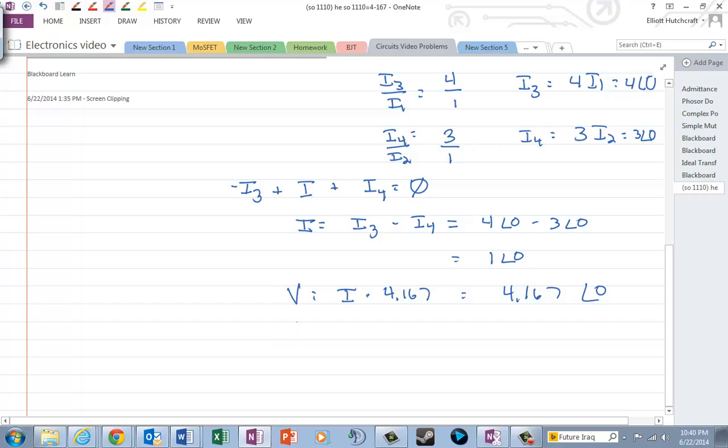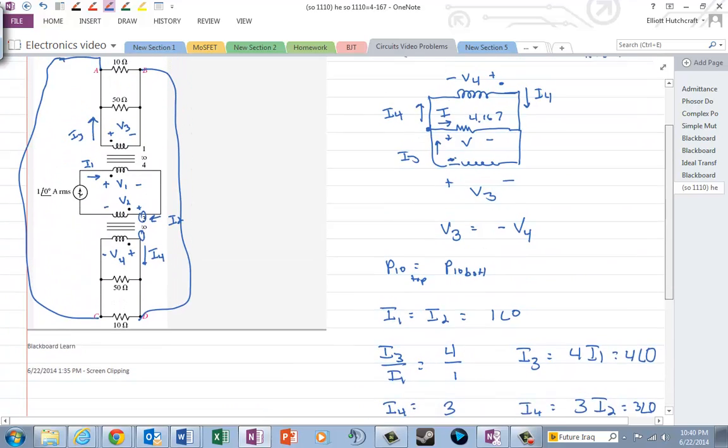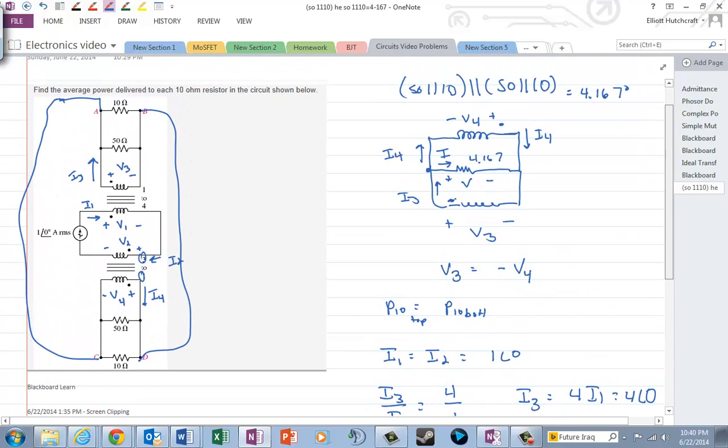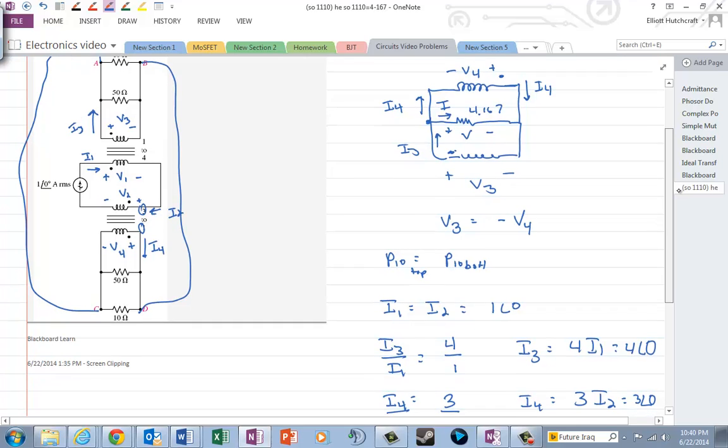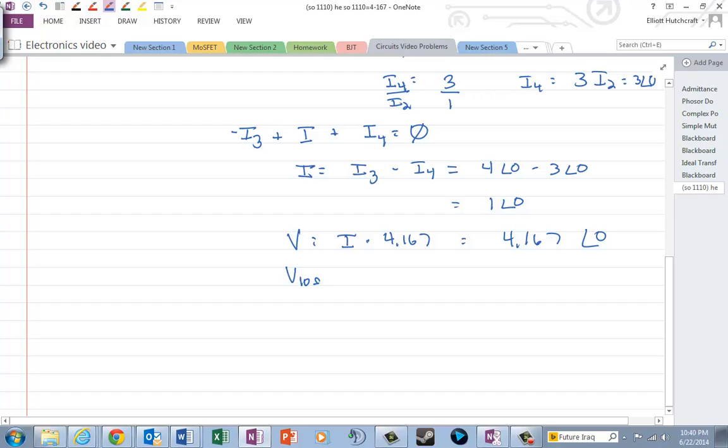And I can take magnitude of V squared over... Oh, wait, excuse me, that's the voltage. I don't actually want to know the power in that 4.167 ohm resistor, but I do need to know that voltage, because I want to know again what it is in the 10 ohm. The 10 ohm is going to have that same voltage across it because they're all in parallel, so V across the 10 ohm, either one, is going to be 4.167 volts.